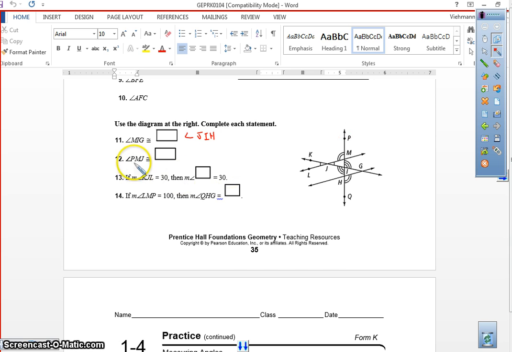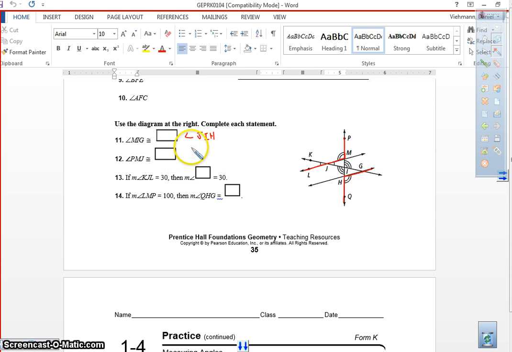All right, next one. Angle PMJ. So P down to M, down to J. If that has two lines here, we're looking for another two-line angle, which would be down here.